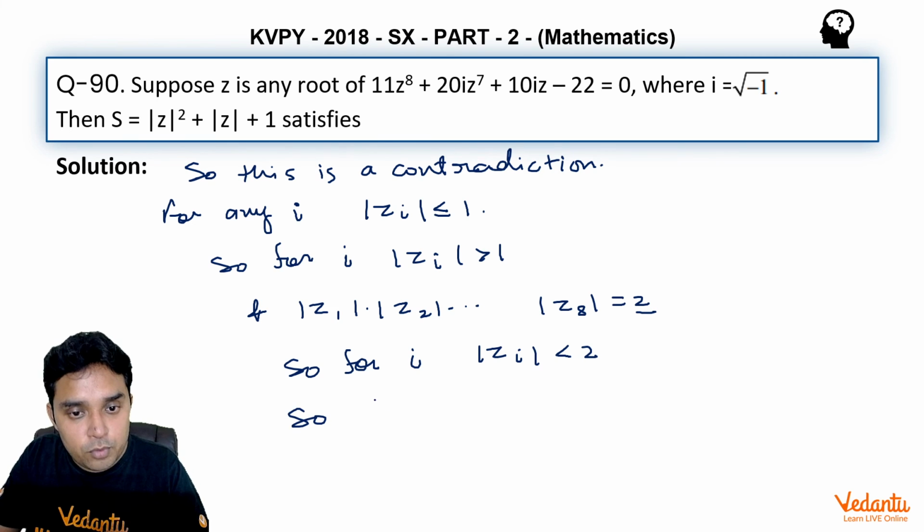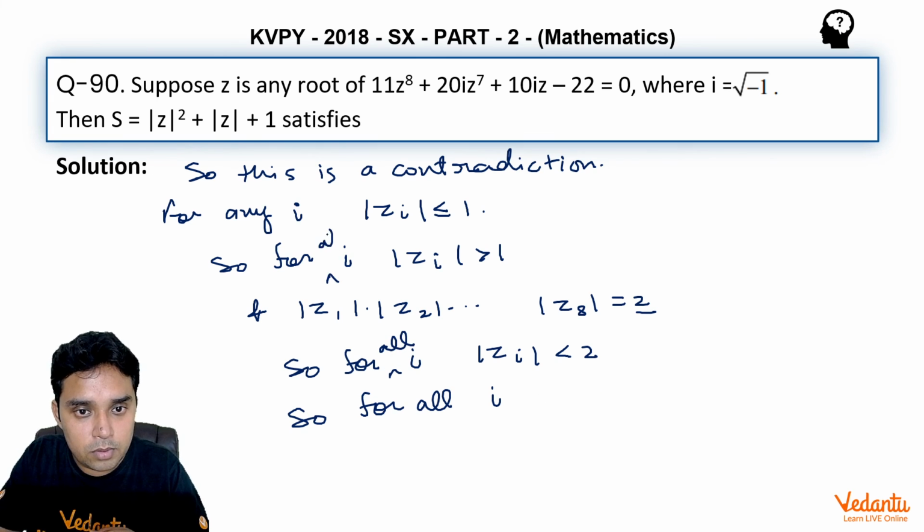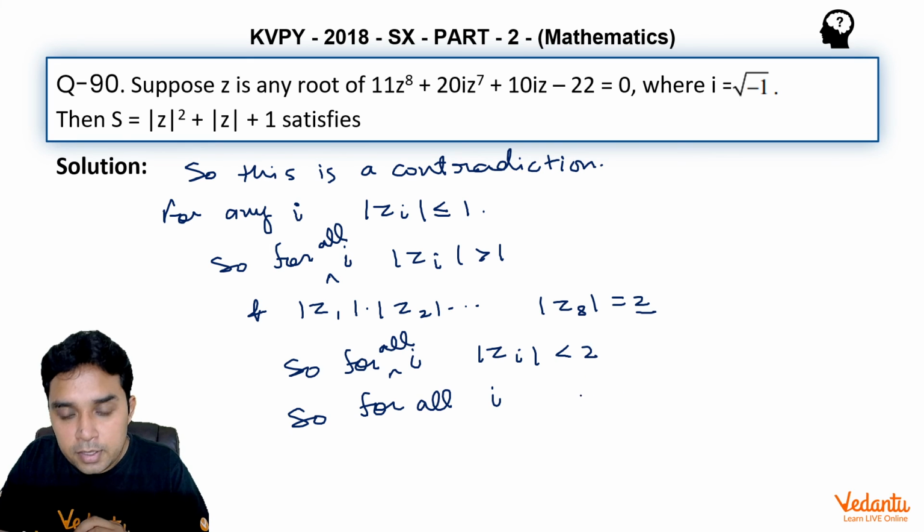So we have proved that for all i, |zi| should be between 1 and 2.